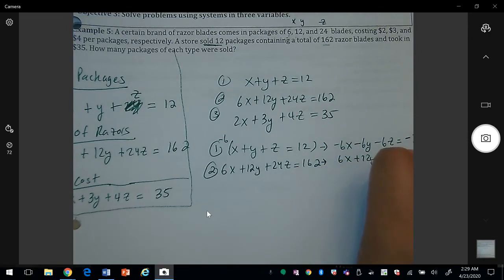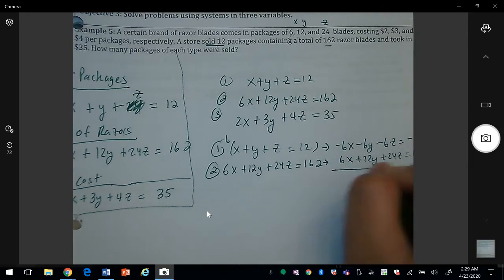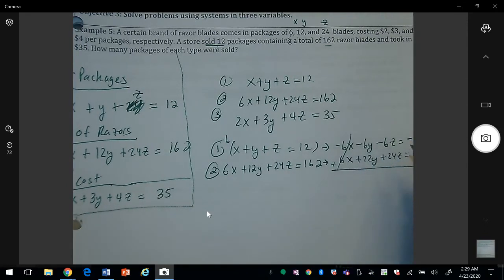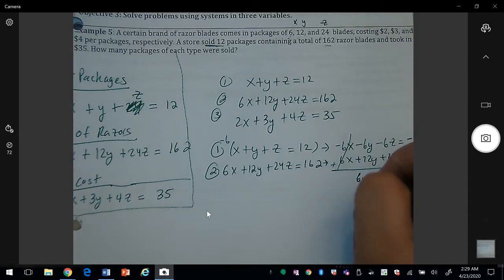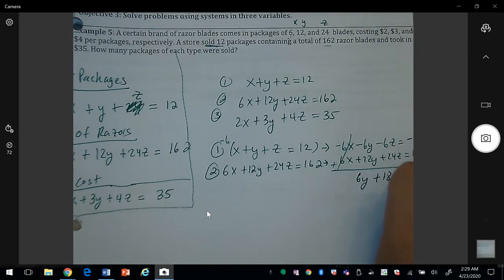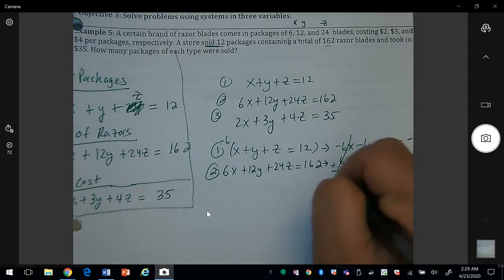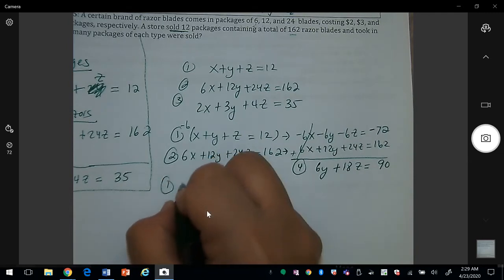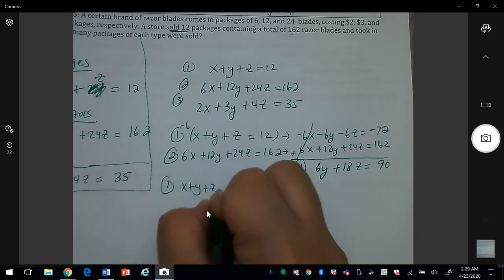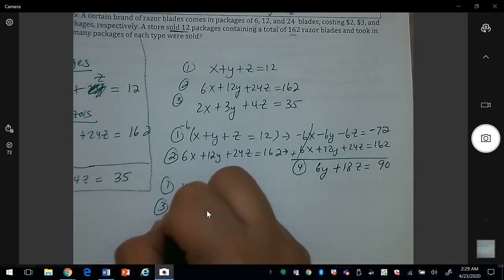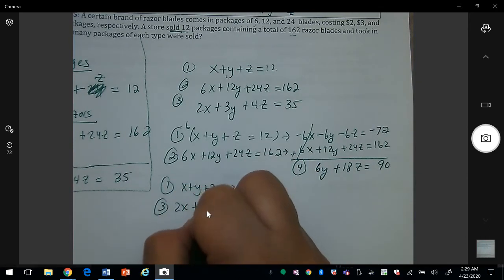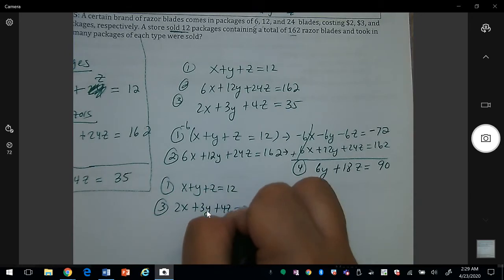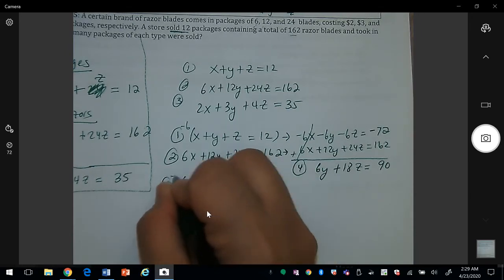So if we add them, we get 6y plus 18z is equal to 90. So that's equation number 4. So now I'm going to use equation 1 and equation 3. And again, I'm going to cancel out the x's.